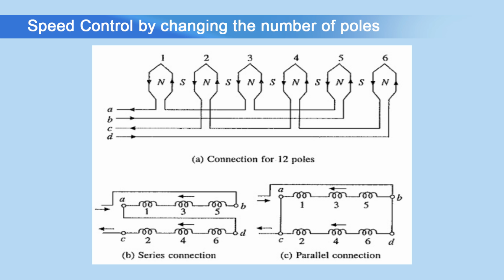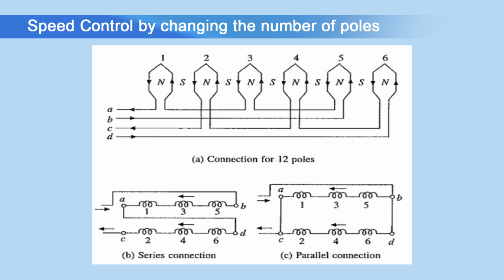If the direction of flow of current through the coil of group AB is reversed as shown in figure 2A, then all the coils of this set will produce north poles. Fluxes which are coming out of these north pole will now find path through the interpole space for going out.